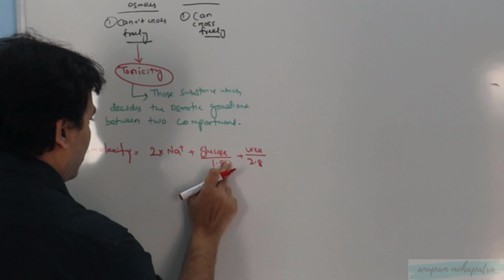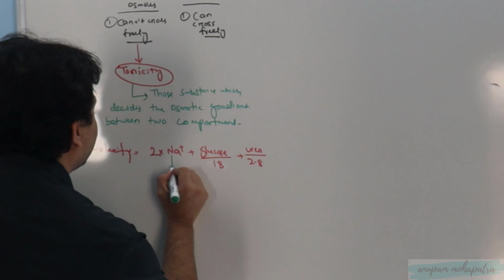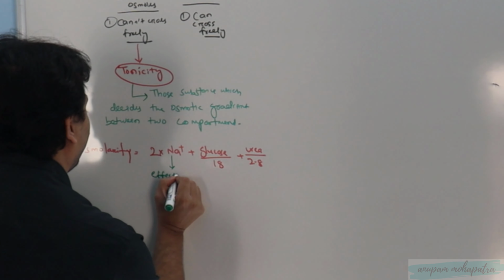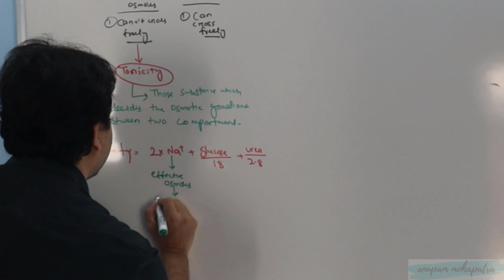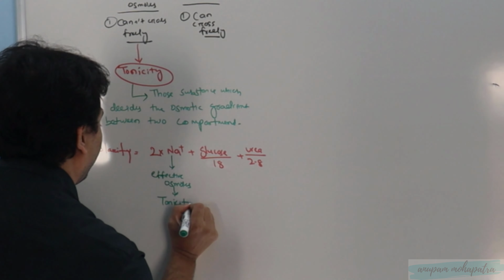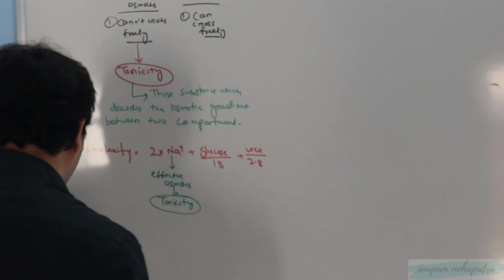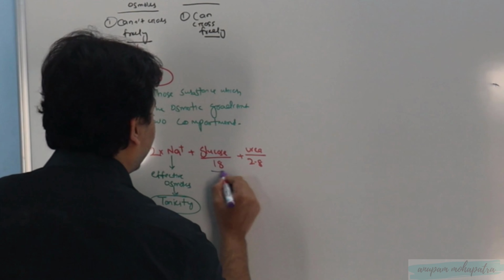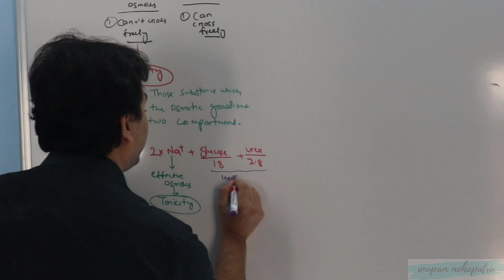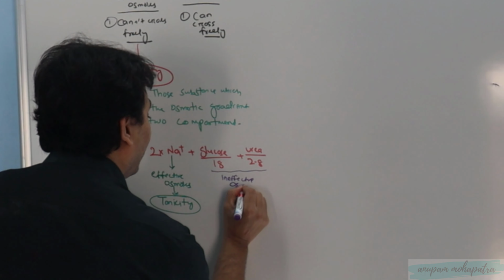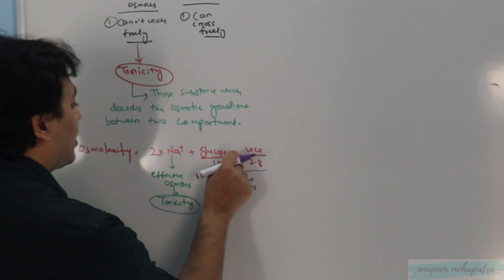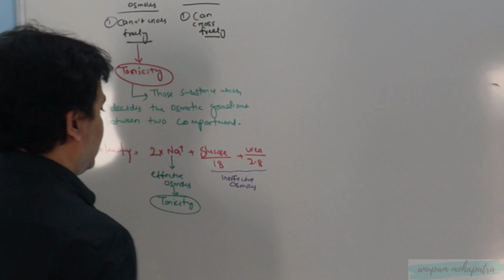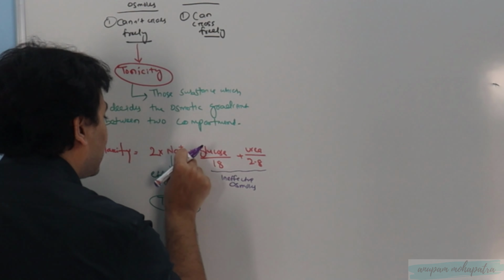Sodium is the effective osmole, so that is the reason why it decides the tonicity of a solution or a compartment. Urea and glucose are ineffective osmoles. These can cross freely between membranes. Although these contribute to the osmolarity of the solution, they do not contribute to the tonicity of the solution. So tonicity is only decided by the substance which cannot cross the membrane.